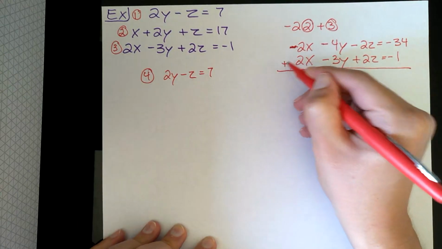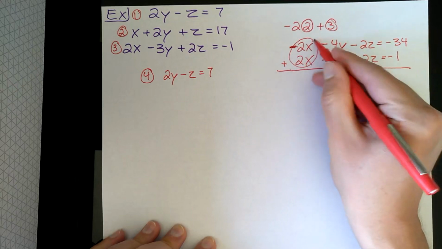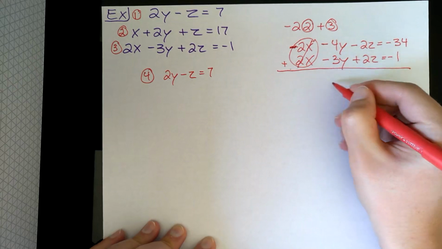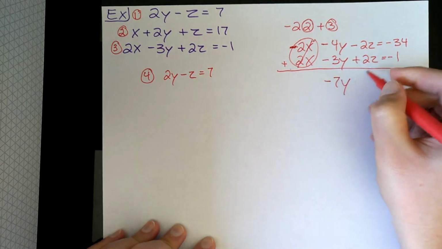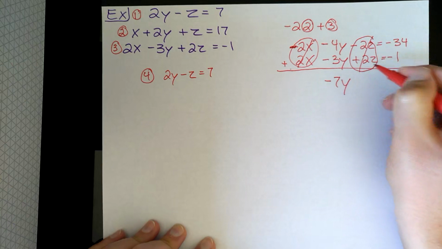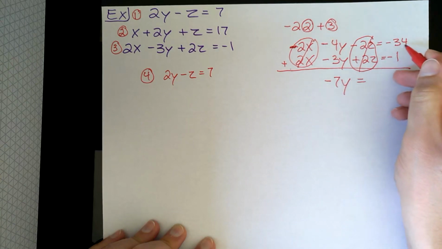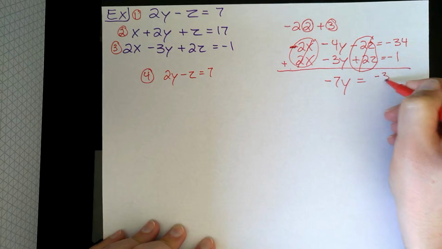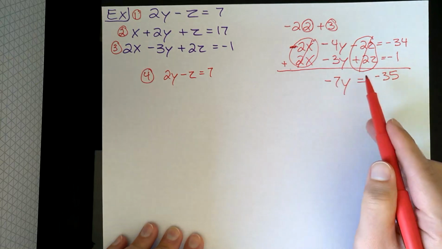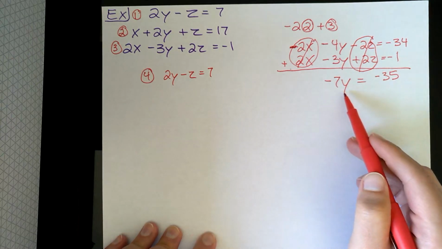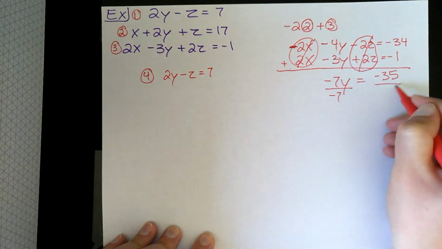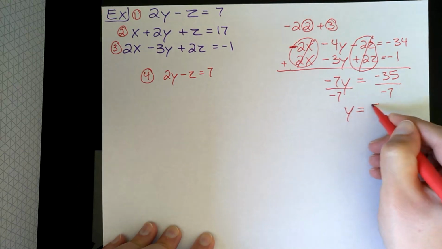Adding these together, -2x plus 2x cancels out. -4y minus 3y gives us -7y. -2z plus 2z cancels out, and that's equal to -34 minus 1 is -35. And now notice what happened here. We eliminated two variables, which means we can now immediately solve for the variable y. We'll divide each side by -7, which gives us y equals 5.